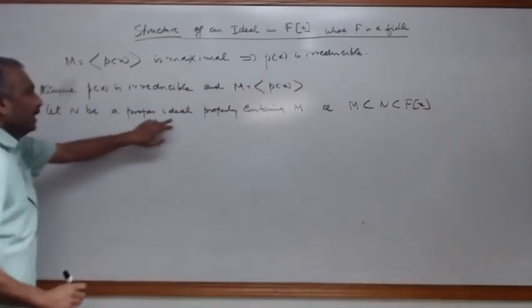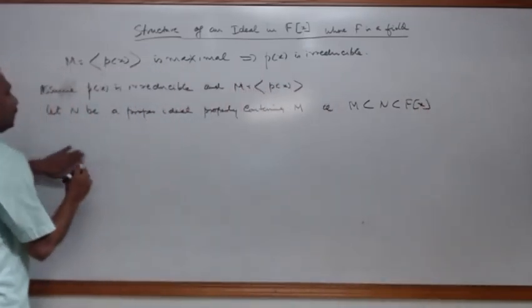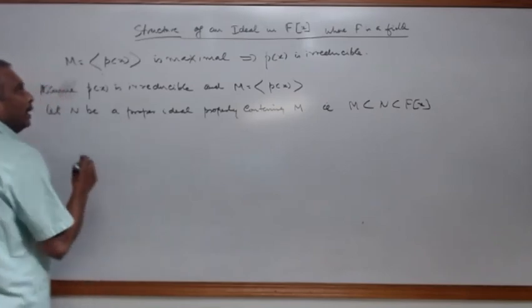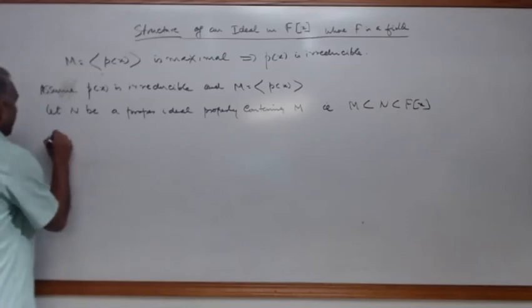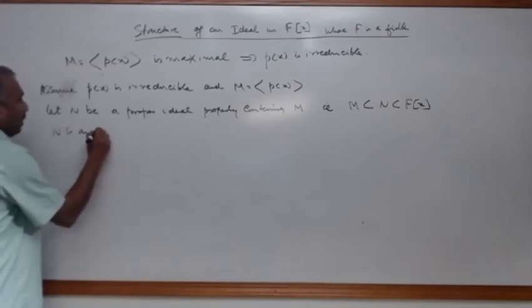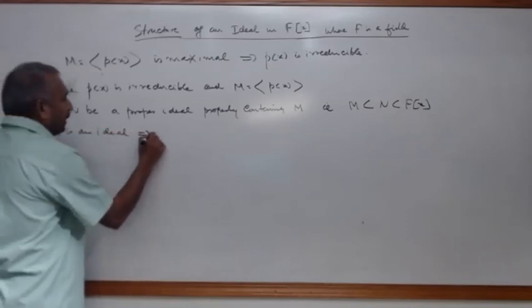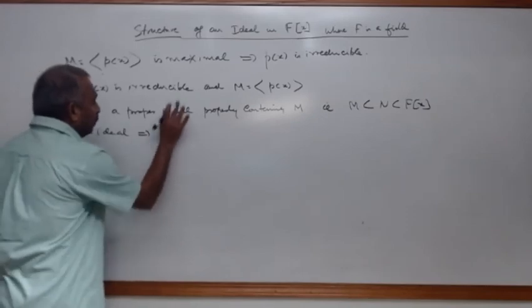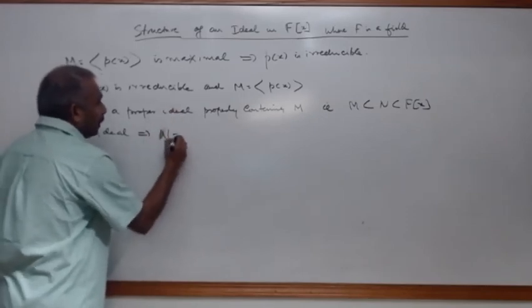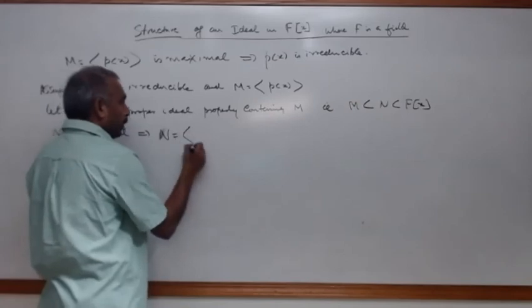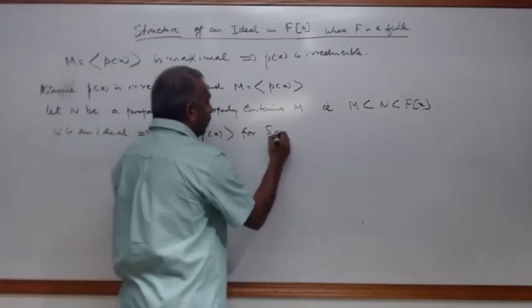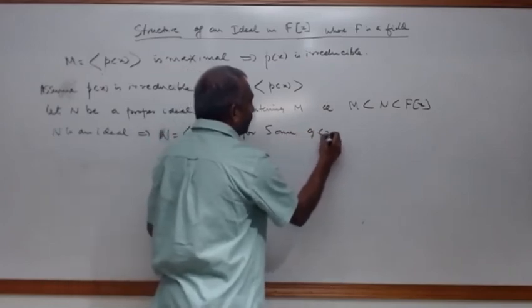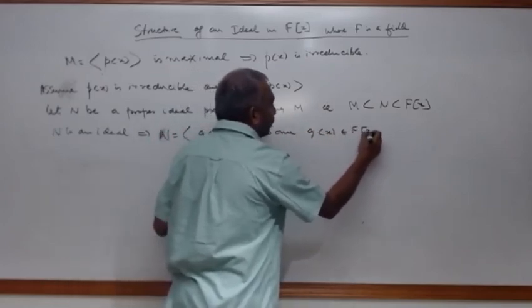N is an ideal, so it is generated by another polynomial. N is an ideal implies N is equal to the ideal generated by g(x) for some g(x) in F[x].